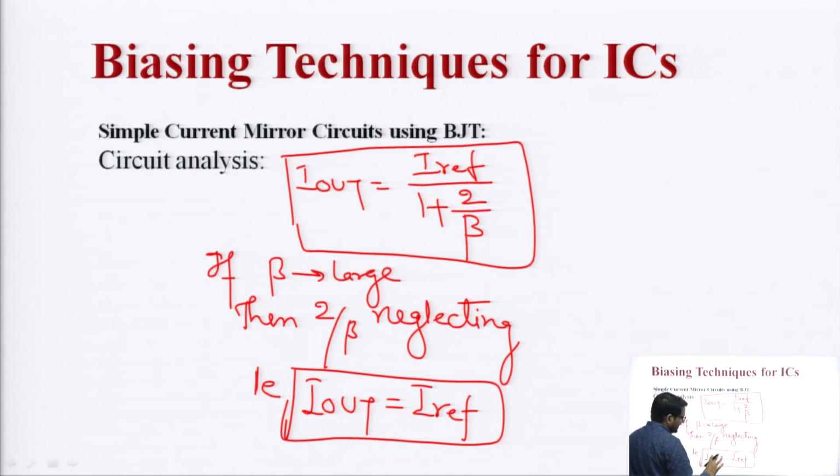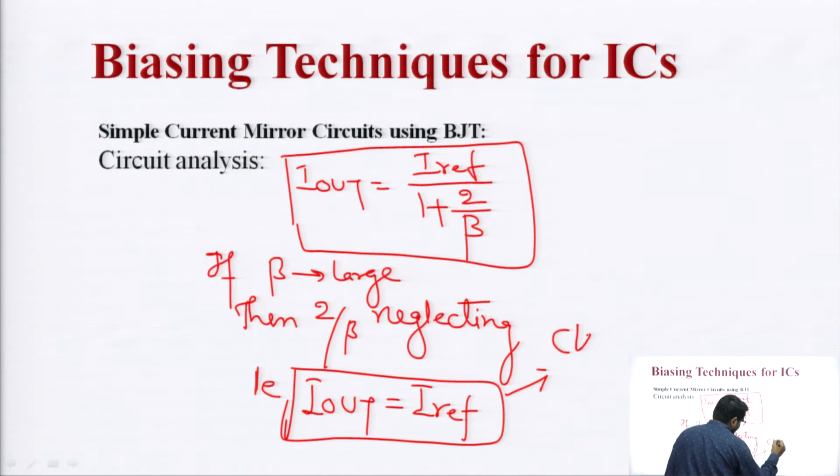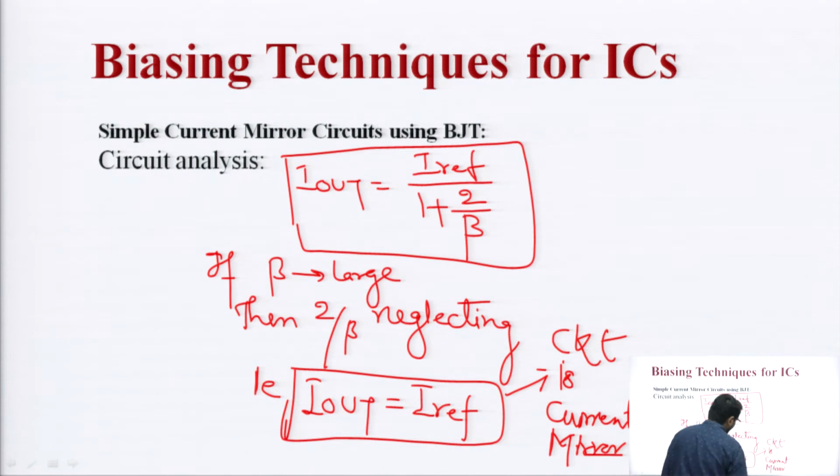This statement, I out equal to I reference, says that the circuit behaves as a current mirror. That means I out is a mirror of the reference current, the I reference.